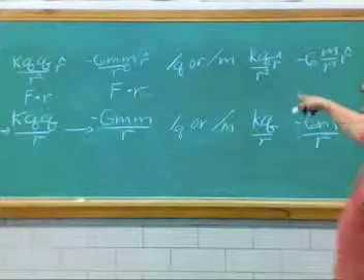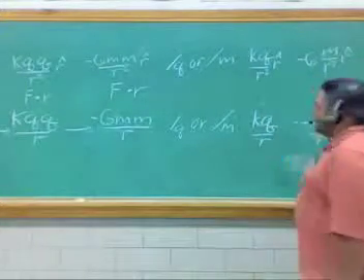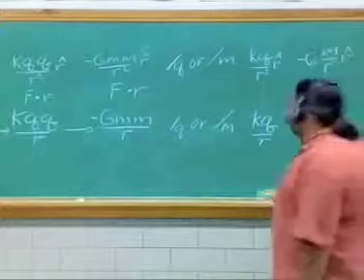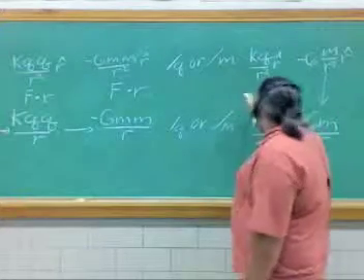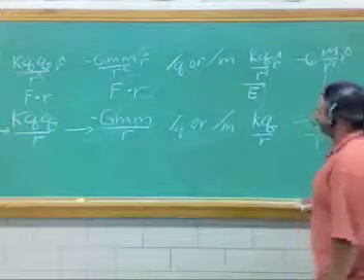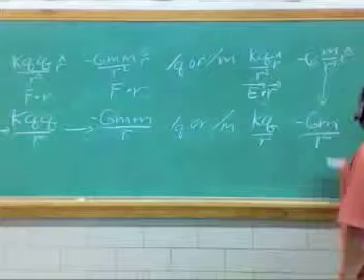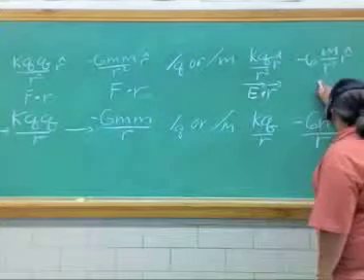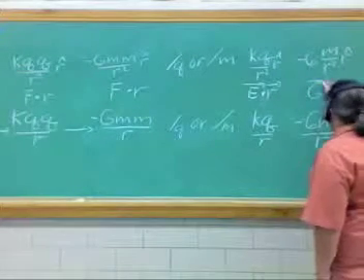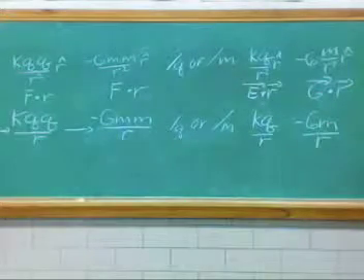But look how simple it is to go from here to here. Look how they're all kind of related. If I multiply this field, which here's my electrostatic field, times R, I get potential. If I take my gravitational field and multiply it by R, I get myself my gravitational potential.